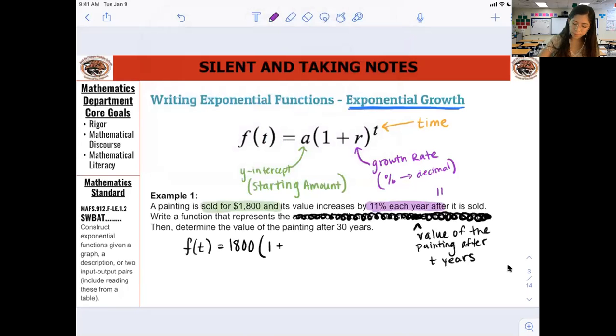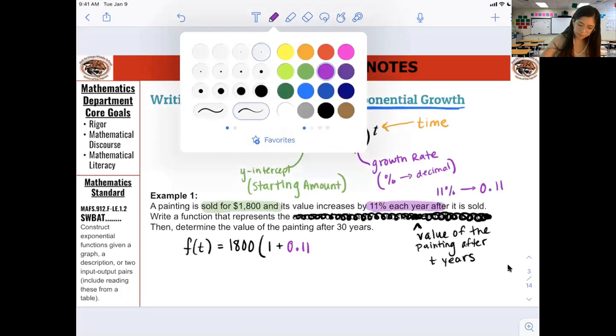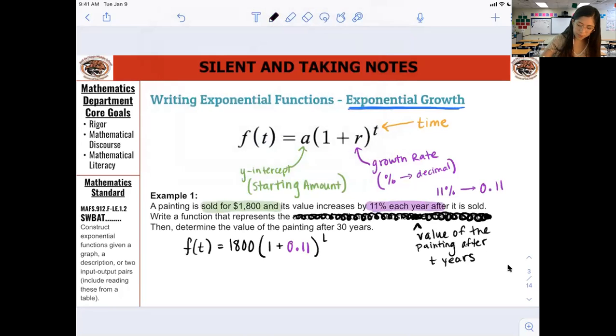So what is 11% as a decimal? 0.11, exactly. Now I'm going to write it in just like that, 0.11 to the power of t. Like I said, I'm just leaving t as t. We're not changing its value quite yet. We'll do that in just a moment.